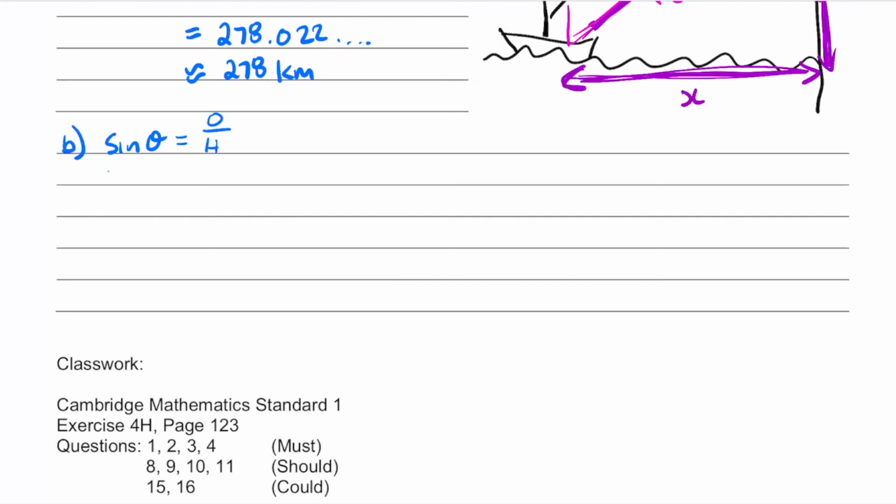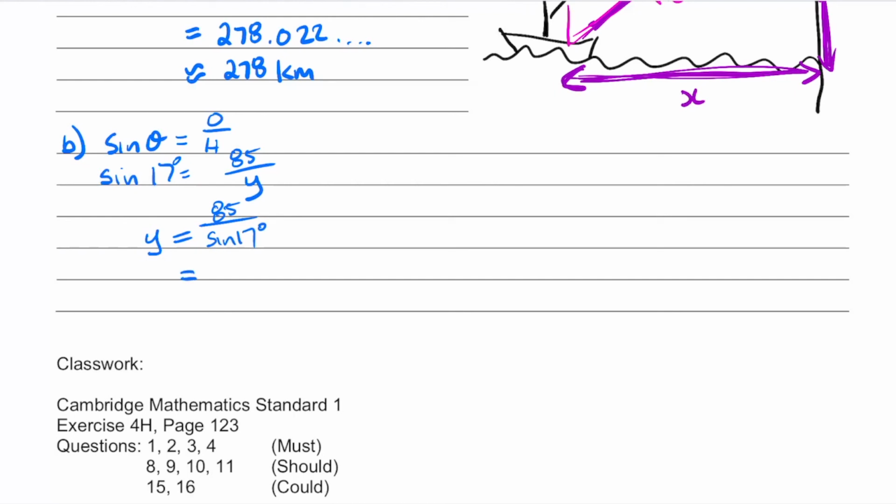Same deal, we're going to plug in things that we know. Alright, we know the opposite side is 85, and we're going to use y for our hypotenuse. And we do the exact same thing. So we're going to switch the sine 17 with the y. So it becomes y equals 85 over sine 17.